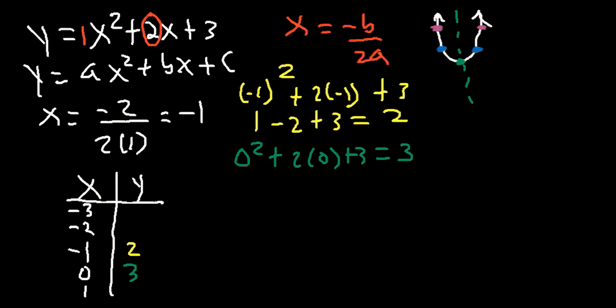So 0 and negative 2 are going to have the same y value because they're equidistant from the vertex. Let's plug in 1. It's easier to plug in 1 than negative 3. So 1 squared plus 2 times 1 plus 3, that's going to be 6. So negative 3 also is going to have the same y value, 6.